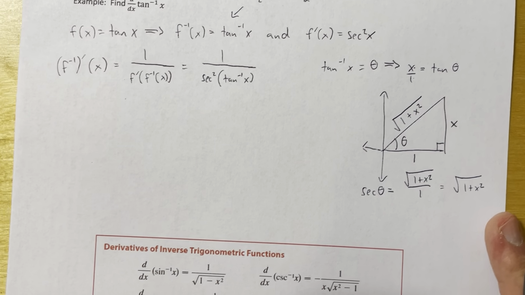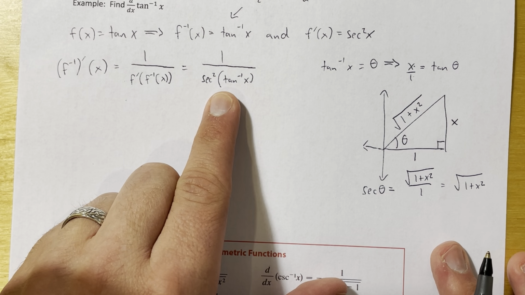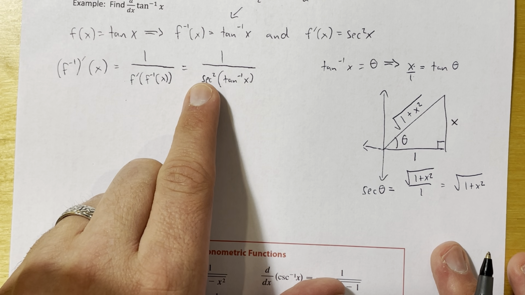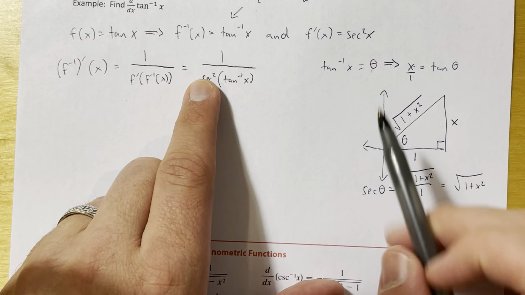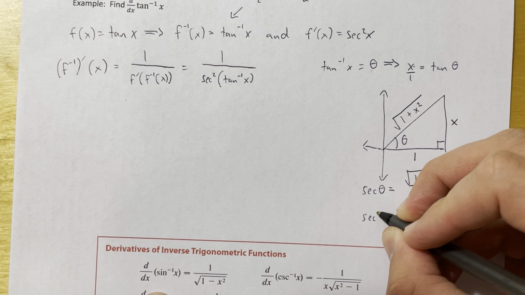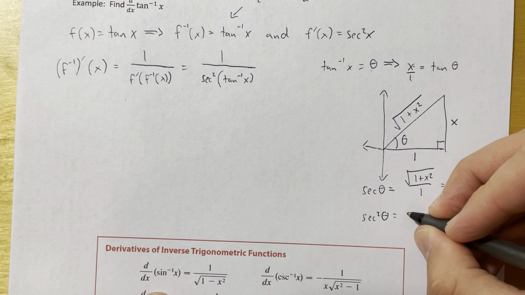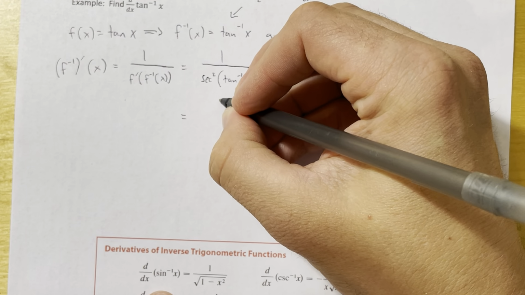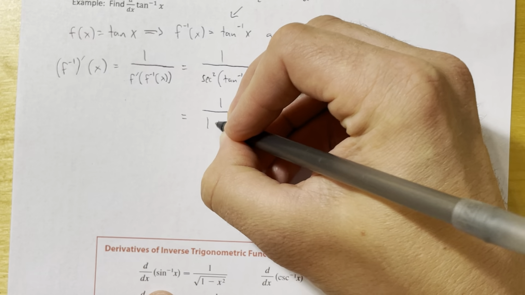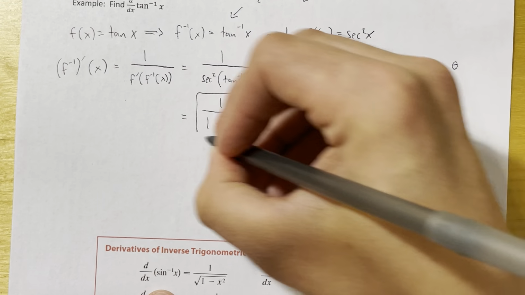Now notice, this guy right here is not just secant of theta. Remember, inverse tangent is the same thing as theta. It's secant squared. So I need to square this result, and that's just going to give me 1 plus x squared. So that means that my derivative is equal to 1 over 1 plus x squared.